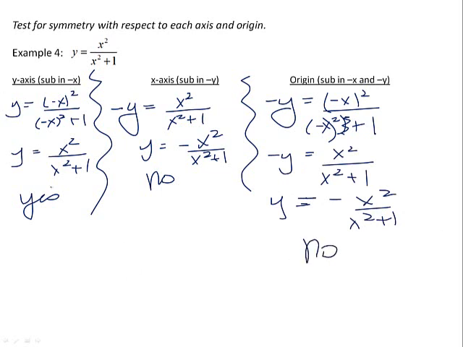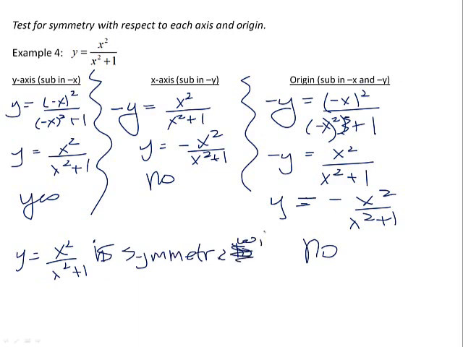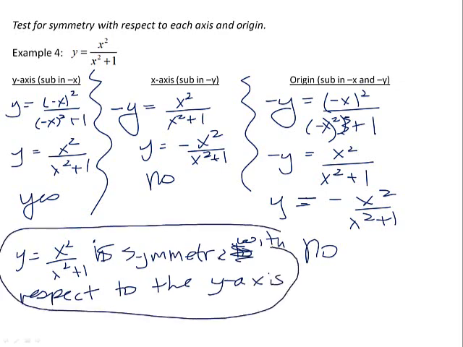So in this case, we know that y equals x squared over x squared plus 1 is symmetric with respect to the y-axis.